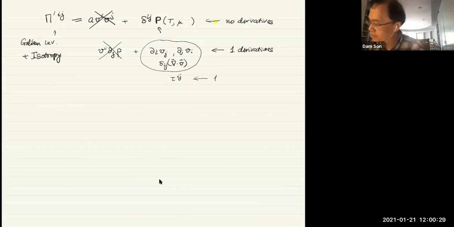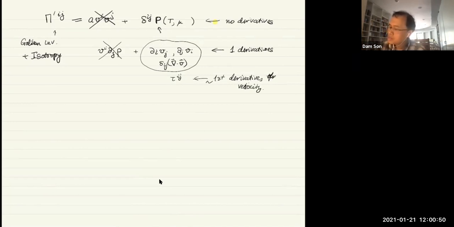These are proportional to the first derivative of velocity, maybe times some function of temperature and chemical potential. So the Galilean invariance allows us to write down the constitutive relation.